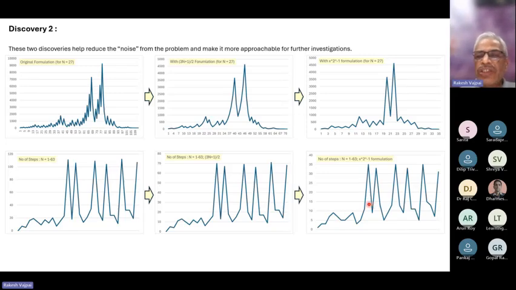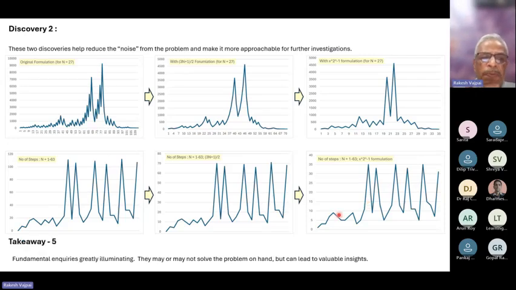If you look at the first 63 numbers, why? Because obviously we have combined multiple steps. And again, if I just pause here and draw some insight, I think what helped this discovery was a fundamental inquiry. When you look at a problem and you look at its root and say, why is it behaving in a certain way?